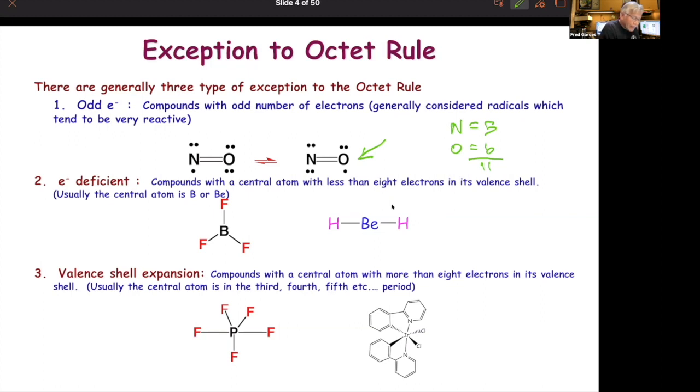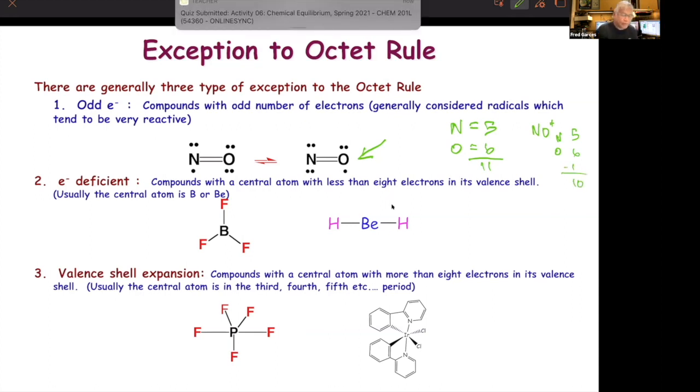Now, if you have NO positive, then nitrogen comes in with 5, oxygen comes in with 6, but the positive there means that there's 1 electron that is lacking. The positive means you've got more protons than electrons by 1. So you have to subtract 1 electron from the total, and you get 10 valence electrons for that compound. So that can obey the octet rule.